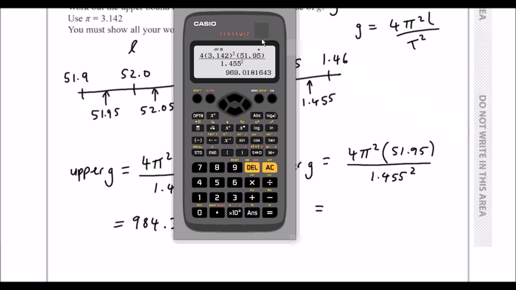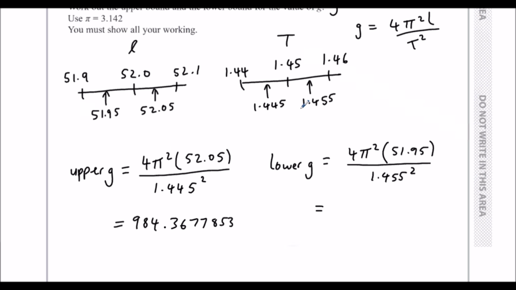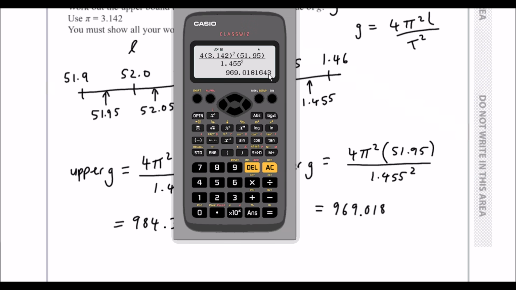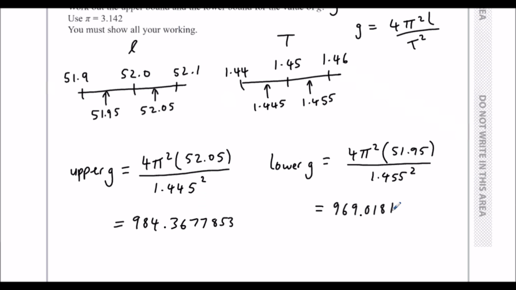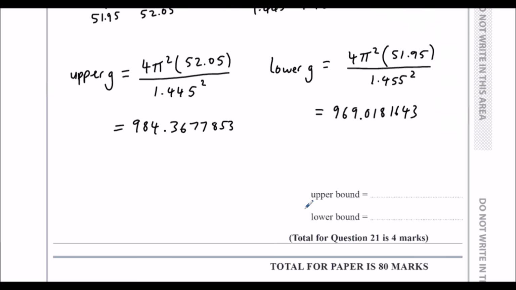So that's 969.0181643. So there are our upper and lower bounds.